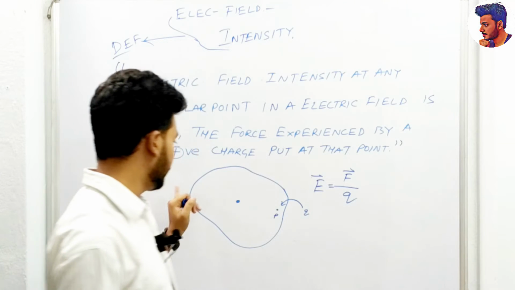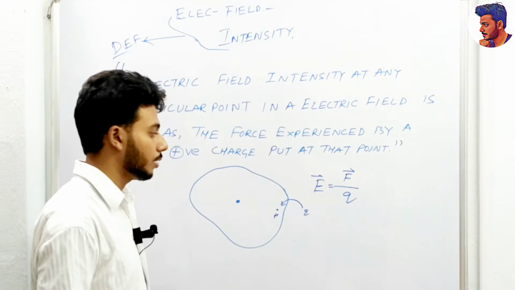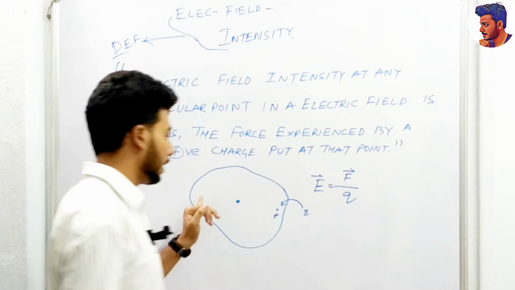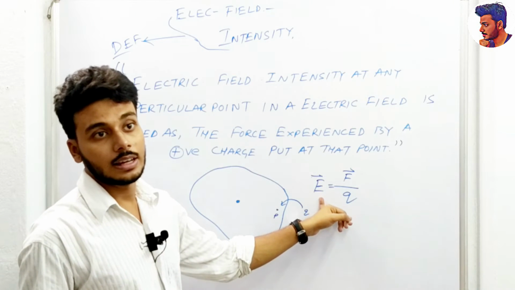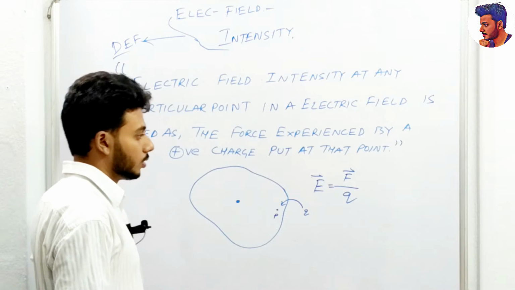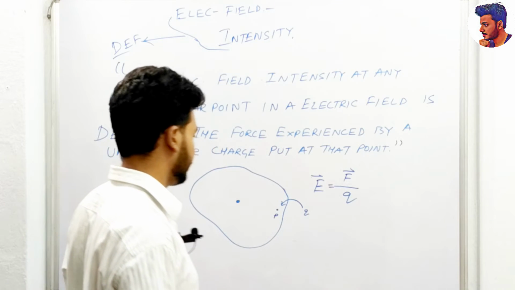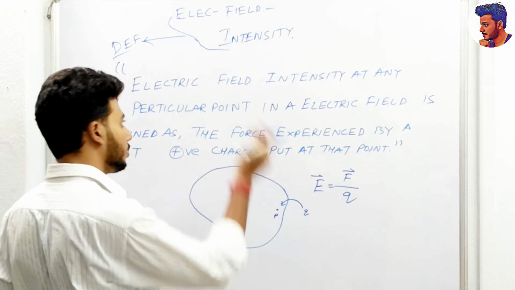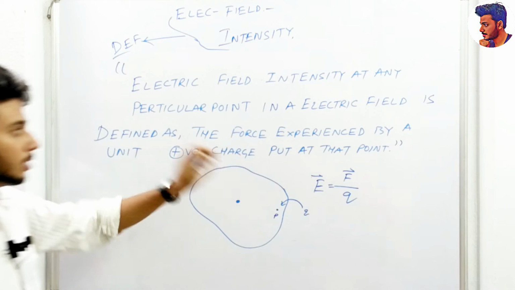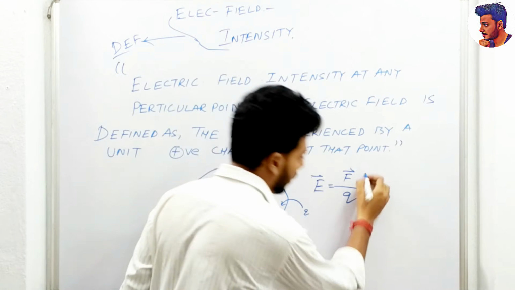Inside a field, every point has a different value of force, so the electric field intensity is different at every point. This is the general mathematical expression. When you give the definition, you always have to mention the particular point. Here the point is P.